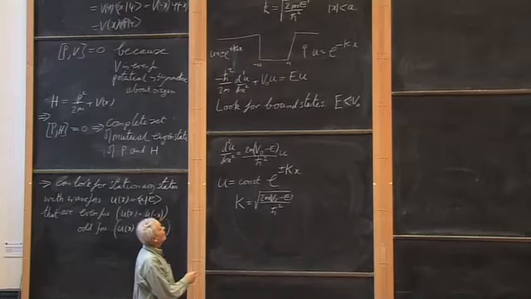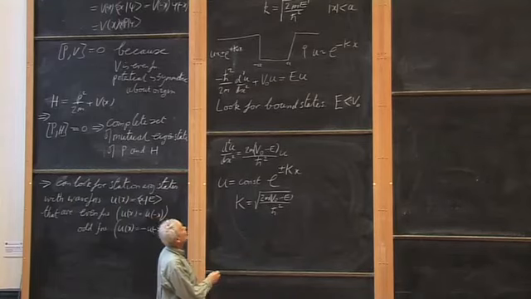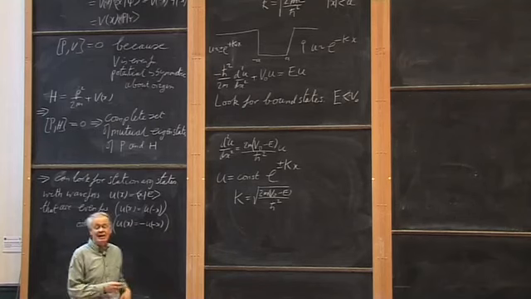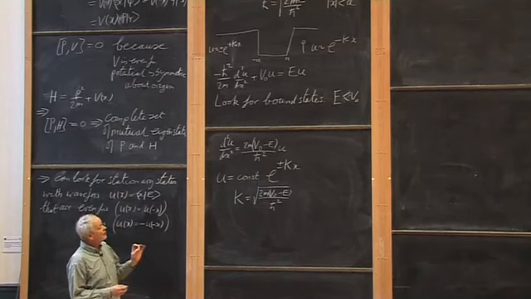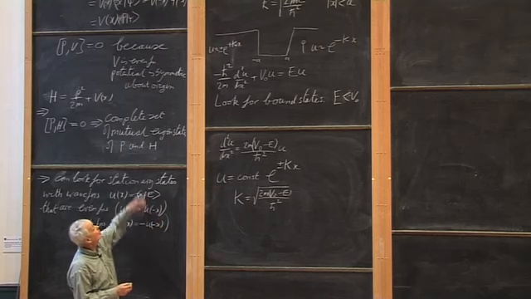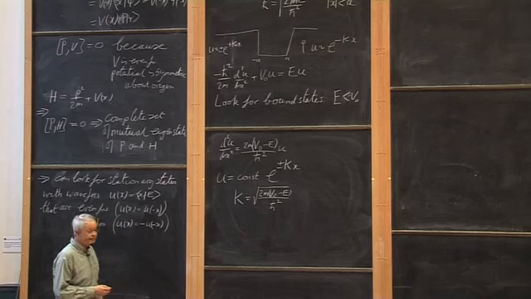So what does that require? Well, for the time-independent Schrödinger equation to mean anything even, the second derivative of the wave function has to be well defined at that point, because the time-independent Schrödinger equation equates the second derivative to some stuff.